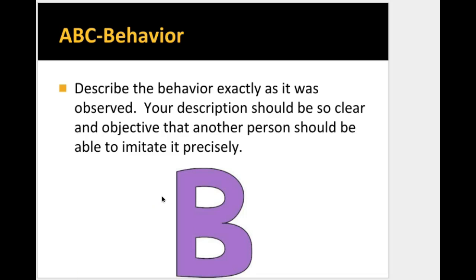Be so clear that another person might be able to actually imitate the behavior you're describing, simply based on what you wrote down. There should be no emotion attached to behavior. So if a student hit another student, I wouldn't say Stevie was violent with Karen. I would say Stevie hit Karen. Put no emotional attachment to what I'm describing.